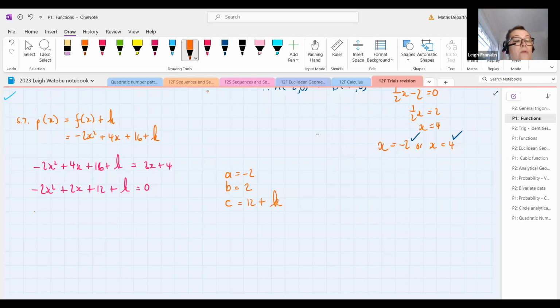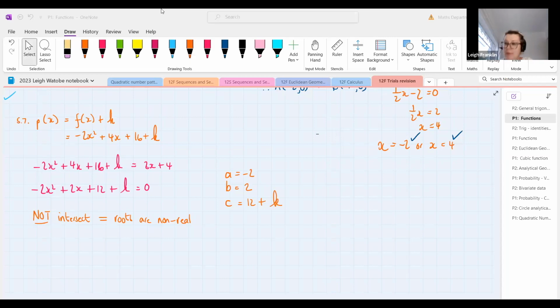Now, when they say not intersect, what this means is that the roots are non-real. Do you remember that from grade 11? When a straight line and a curved function do not intersect one another, we would say that the roots are non-real.